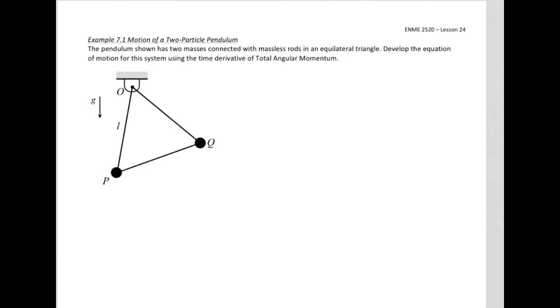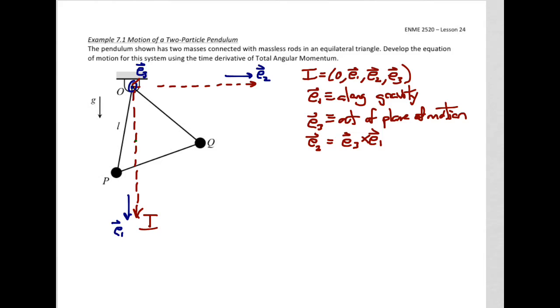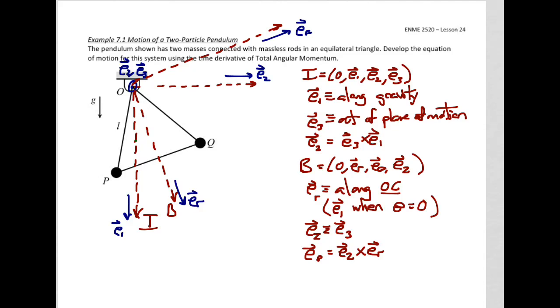So let's start by applying two reference frames. Our first reference frame is our inertial reference frame, and so we have this origin at point O, E1, E2, and E3. E1 we're defining as along gravity, E3 being out of the plane of motion, and then E2 being E3 crossed with E1. Then we apply a reference frame that's fixed to this object that's moving, and so for this we have a theta in between our vectors E1 and ER. And so our origin is still at O, with basis vectors ER, E theta, and EZ.